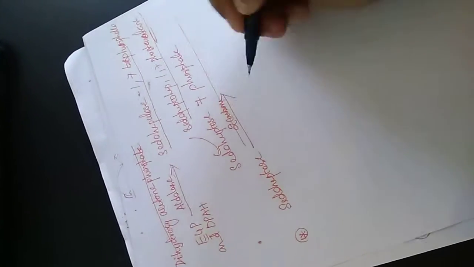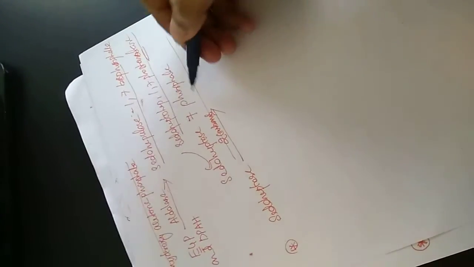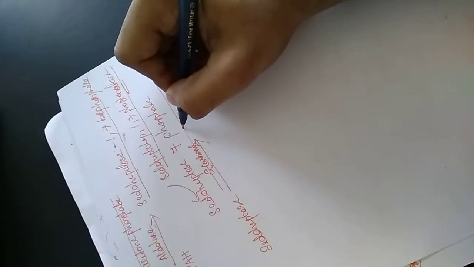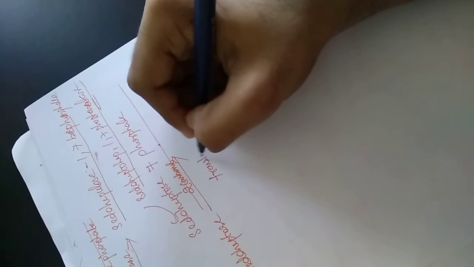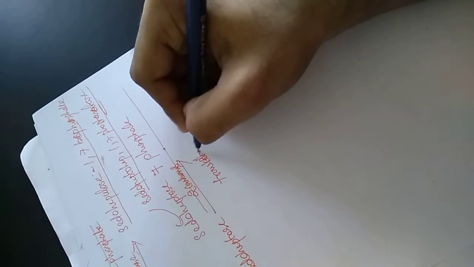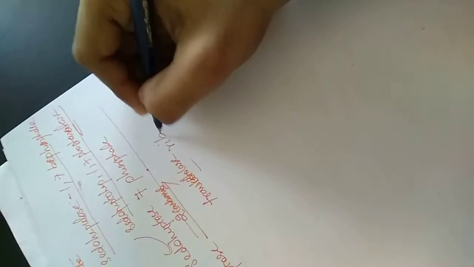I mean, the 2 carbons are removed. And how do we remove them? We remove them in the presence of a transketolase enzyme.